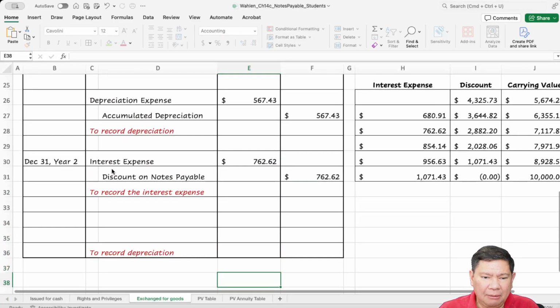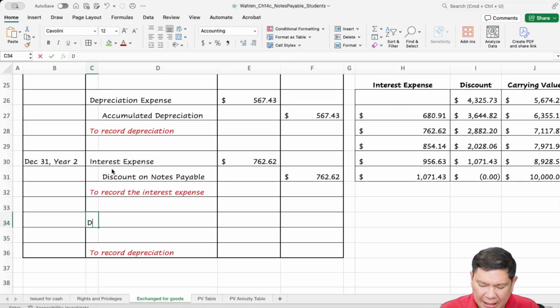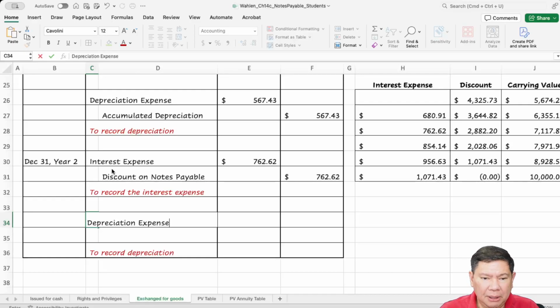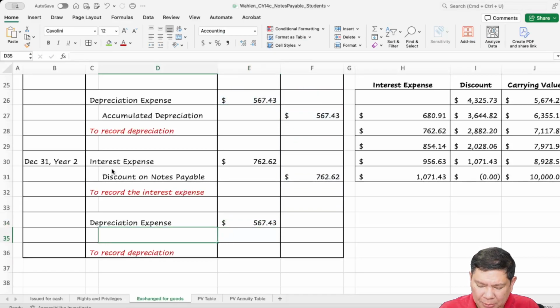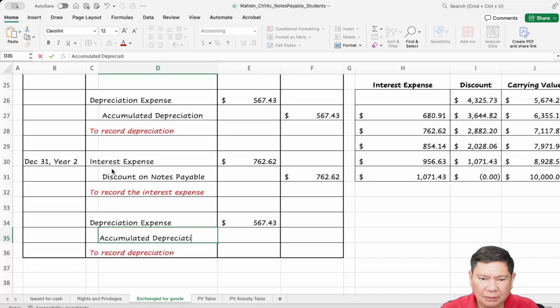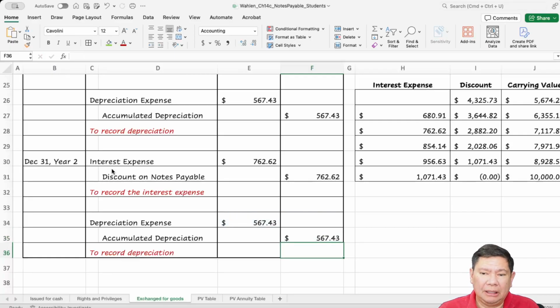And again, we have to do the depreciation expense adjustment, because it's straight line, the amount will always be the same. Accumulated depreciation is 567.43. And if you continue with the third year, you move to that information, the fourth year, the fifth year, and so on and so forth.